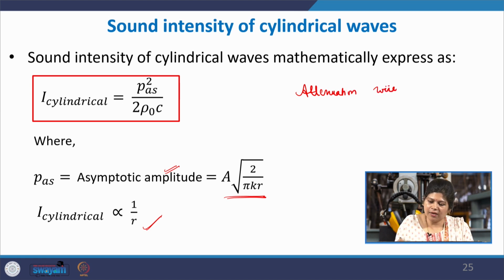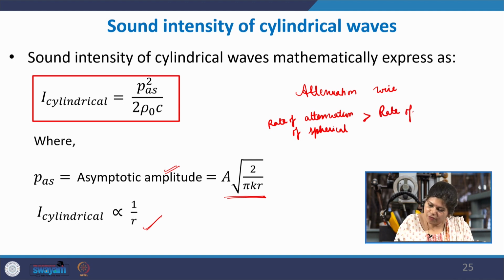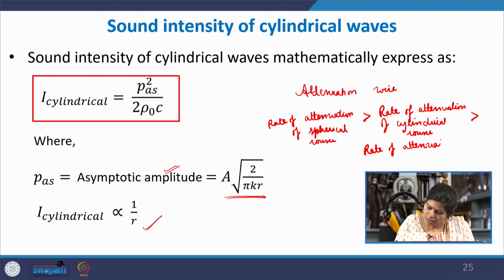So, attenuation-wise, the rate of attenuation of a spherical source is larger than that of a cylindrical source, which is larger than that of a plane source.